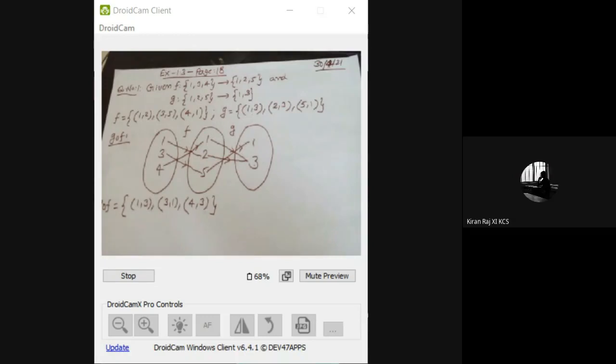Yes, sir. Anyone opted? I will cross check. Whoever opted for artificial intelligence, mathematics students. Only Kiran Raj. Sir, he has given the link on WhatsApp, sir.